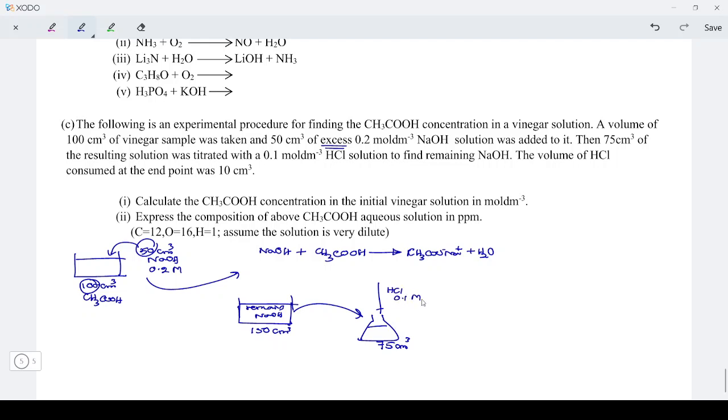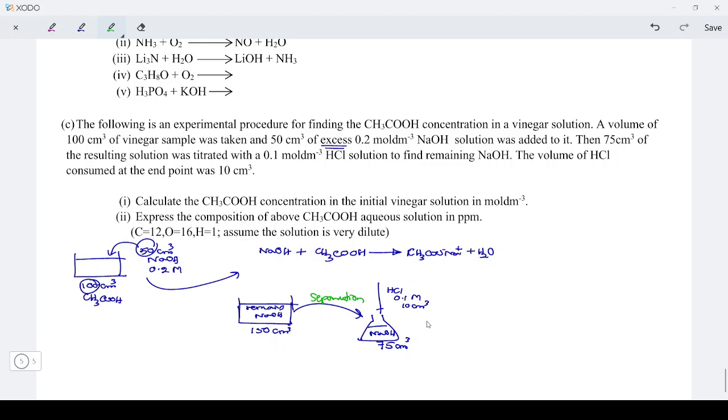So from this 0.1 HCl, 10 cubic centimeters were consumed. So then you can find how many moles of NaOH is remaining. Okay, and then you can work on the separation and go back and find how many moles of NaOH was there actually in 150, and that's the remaining moles of NaOH. Okay, so that's how you find the concentration of acetic acid.